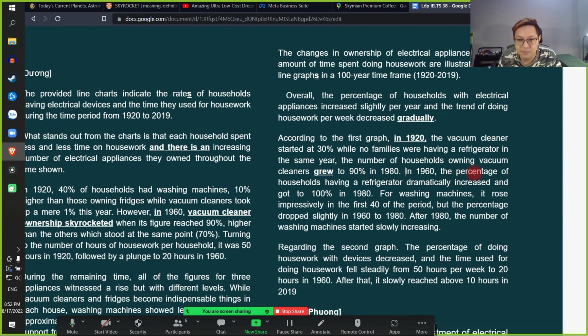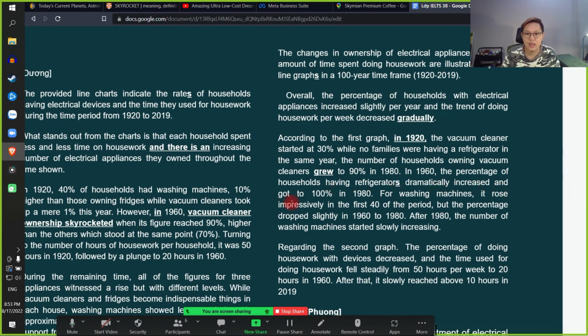In 1960% of households owning a refrigerator. Nếu mà household số nhiều như vậy, refrigerator cũng phải số nhiều luôn. So if you use plural here, household, you must use plural refrigerators as well.